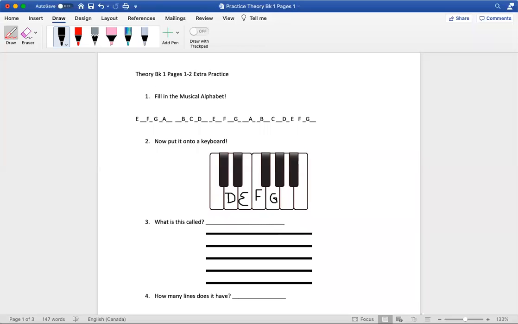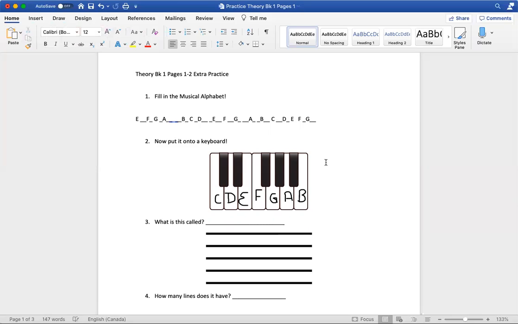G, and then let's use our backwards musical alphabet, G, F, E, D, C. And after G, it restarts. We go back to A and B. So we remember that our musical alphabet goes A, B, C, D, E, F, G, and repeats.